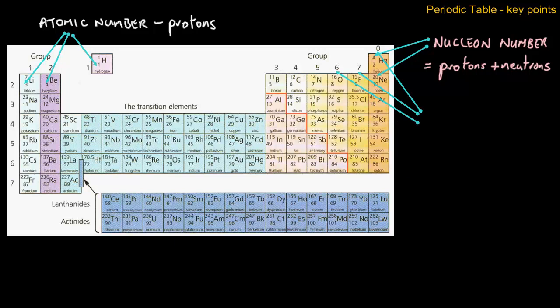This is called the group, and this tells you the number of electrons in the outer shell of electrons.